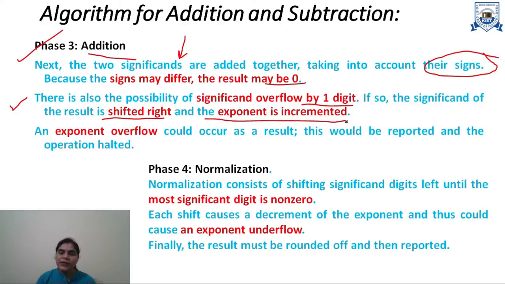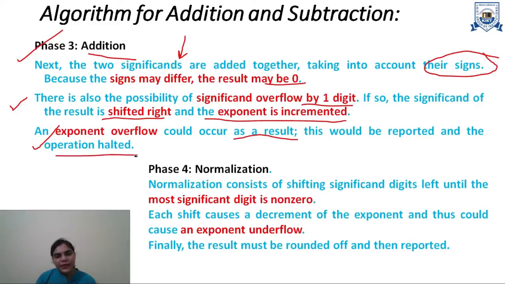Once the significand overflow has occurred, the significand will be shifted right and the exponent will be incremented. This process is done to remove the significand overflow. Whenever the exponent is incremented, there is a possibility that exponent overflow may occur. An exponent overflow could occur as a result when the exponent is incremented, and this would be reported and the operation halted.